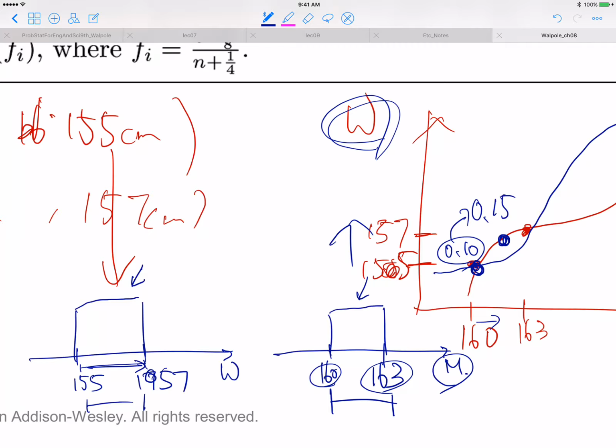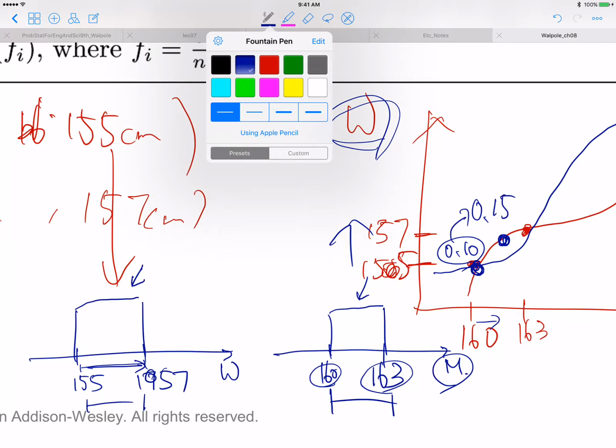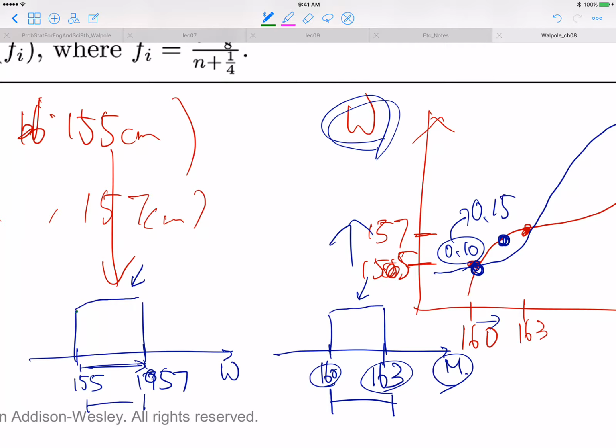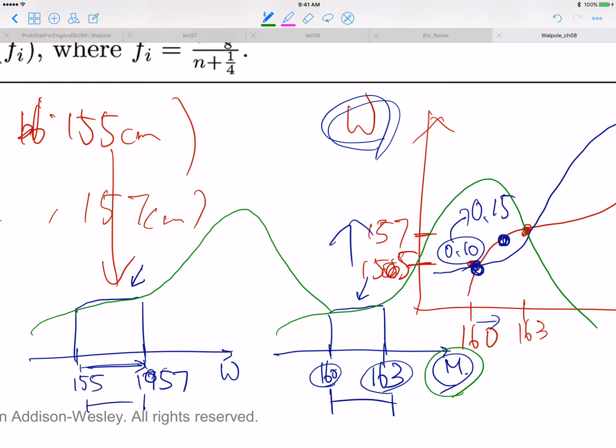Suppose we have a density function of women's height like this, and another density function for men's height that is another Gaussian distribution, for example.